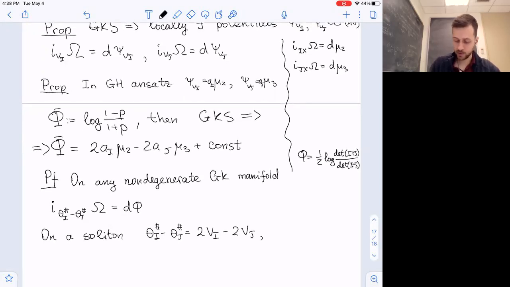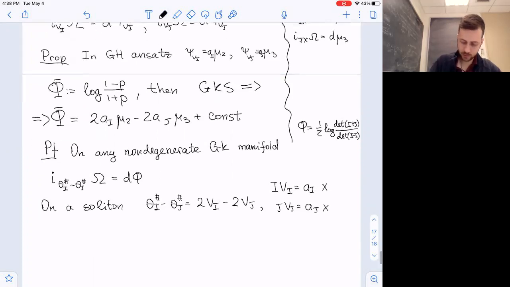And we also assumed, being rank 1, that v_i is a_i I x and v_j is a_j J x. I might be off with signs. So in particular, v_i is negative a_i I x, v_j is negative a_j J x.